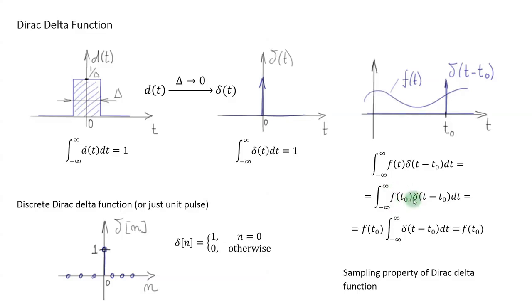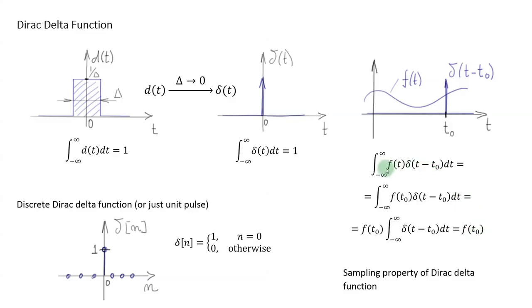And when I do this, I can realize that this is just a constant, so I can take it in front of the integral, which will give me this. And here I will use the fact that the area under the Dirac delta function is always equal to 1. So this integral is always equal to 1, thus this entire expression will be just f of t at time t0.